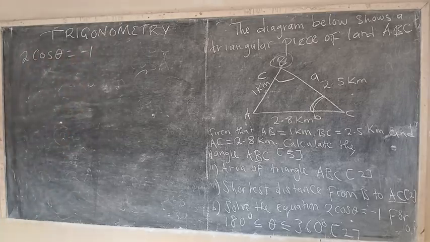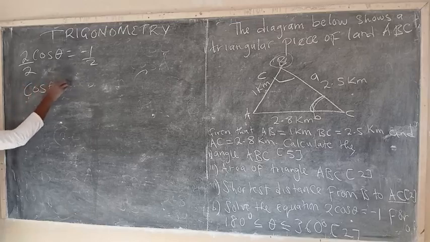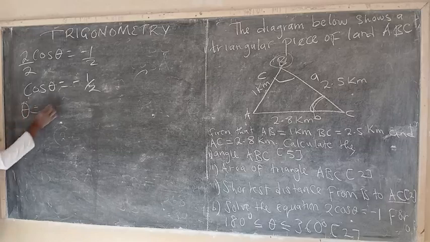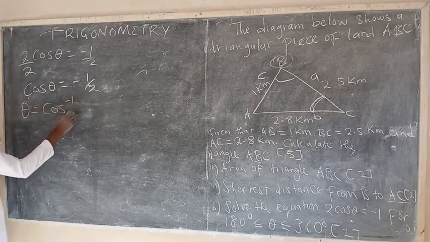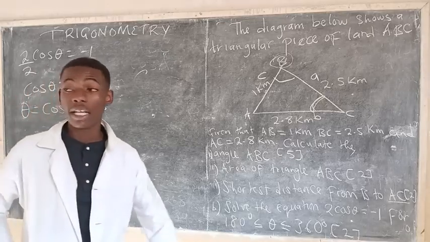In order for us to solve this, we need to make cos theta the subject of the formula. So when we divide, we have cos theta should be equal to -1/2. Upon doing that, we can simply say theta should be equal to cos inverse of half, which is the same as 0.5. So what we are going to do now is discard the negative.